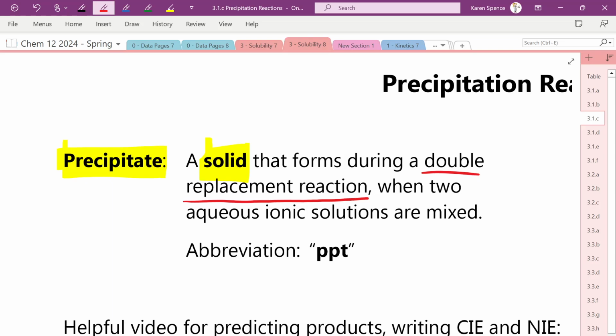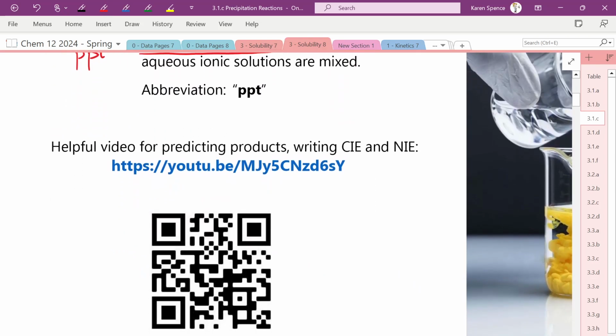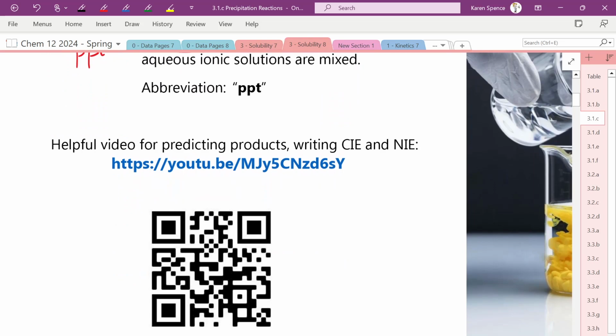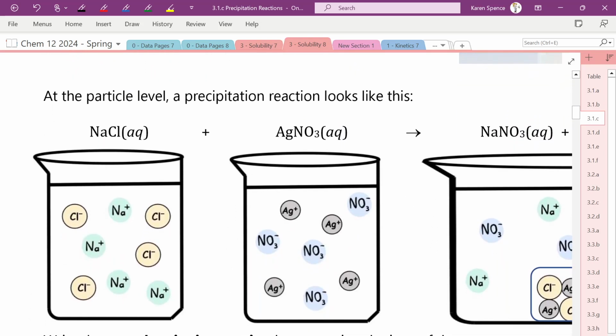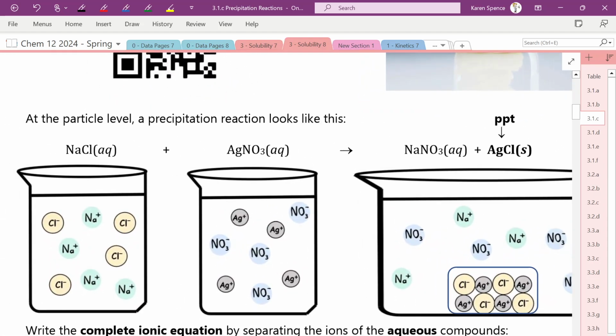And you can change the word precipitate and write it simply as PPT. Okay, there is a helpful video here, so if you don't remember how and you're trying to do the questions over the weekend, you can be like, okay, I'm going to watch that helpful video. But we're not going to watch it right now. We're going to look at this reaction.